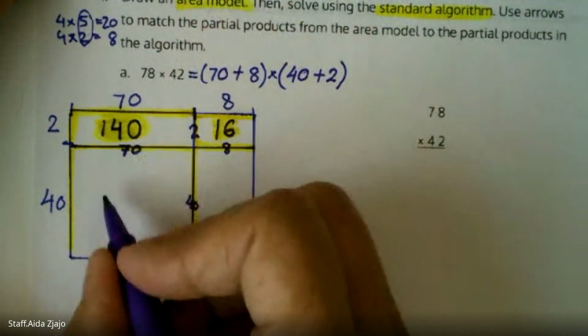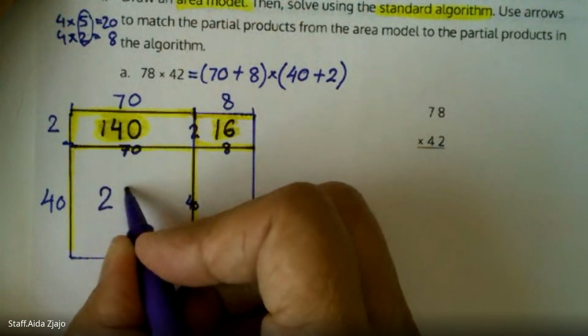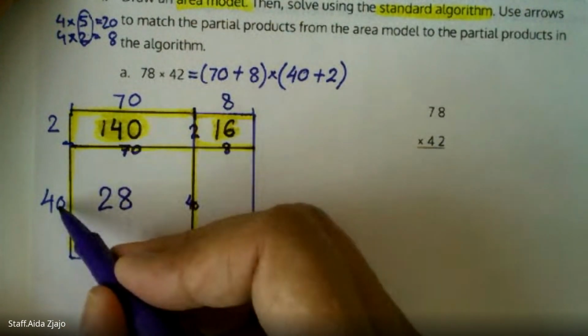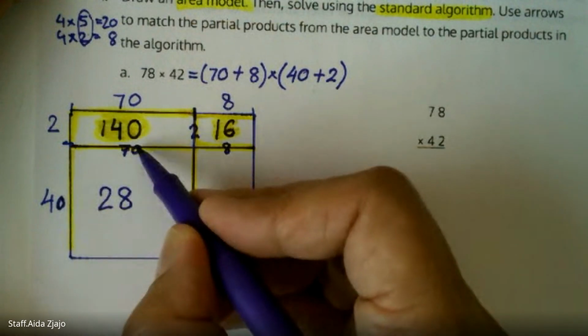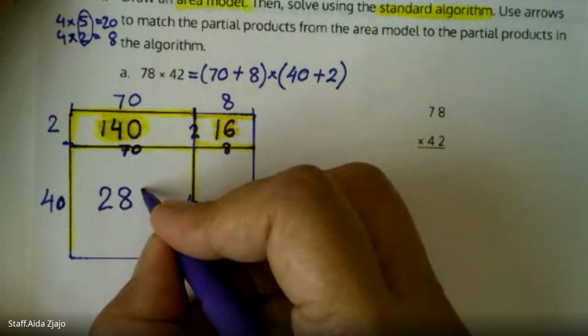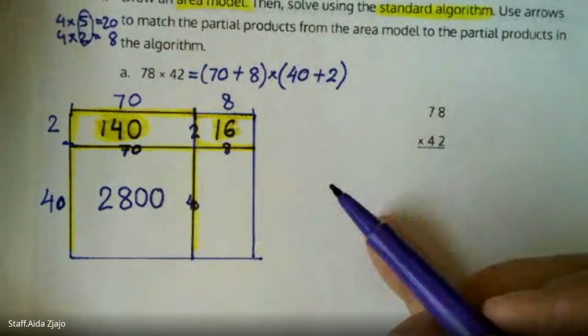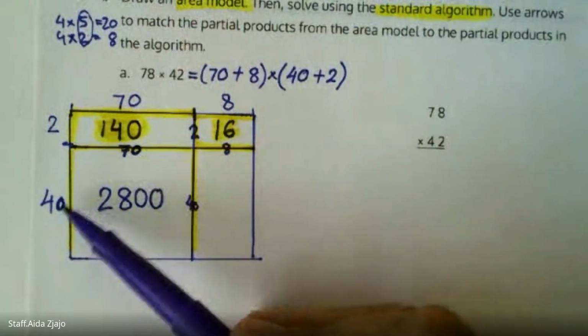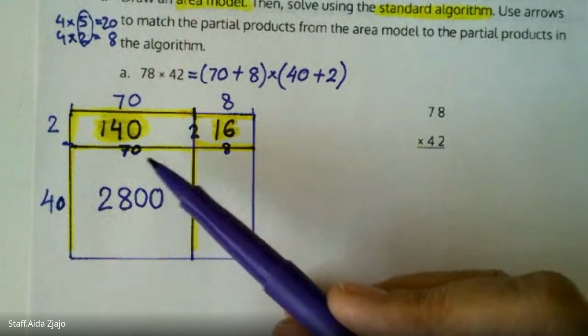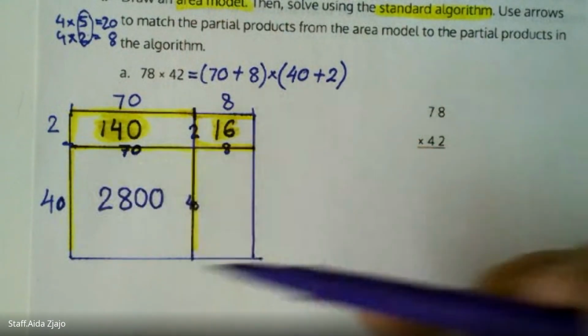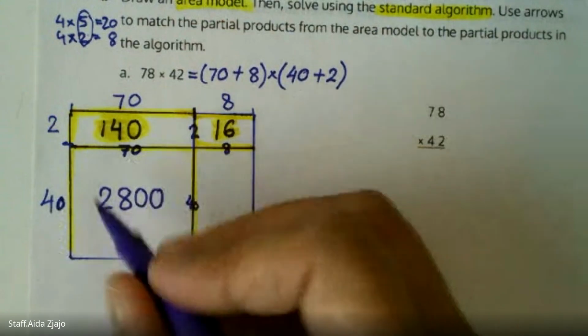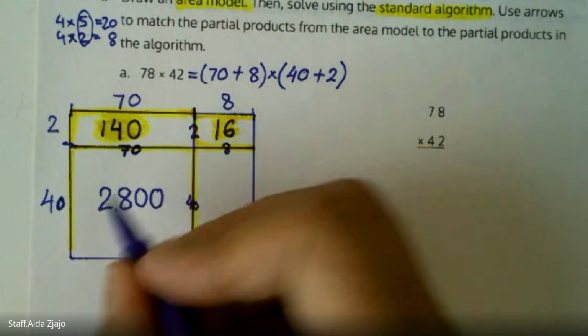So 28, and then I need to add the 0 from 40 and the 0 from 70. Those are 10 times 10 is 100. So if you multiply tens by tens, you get hundreds. 100, and that means the answer to 40 times 70 is 2,800.